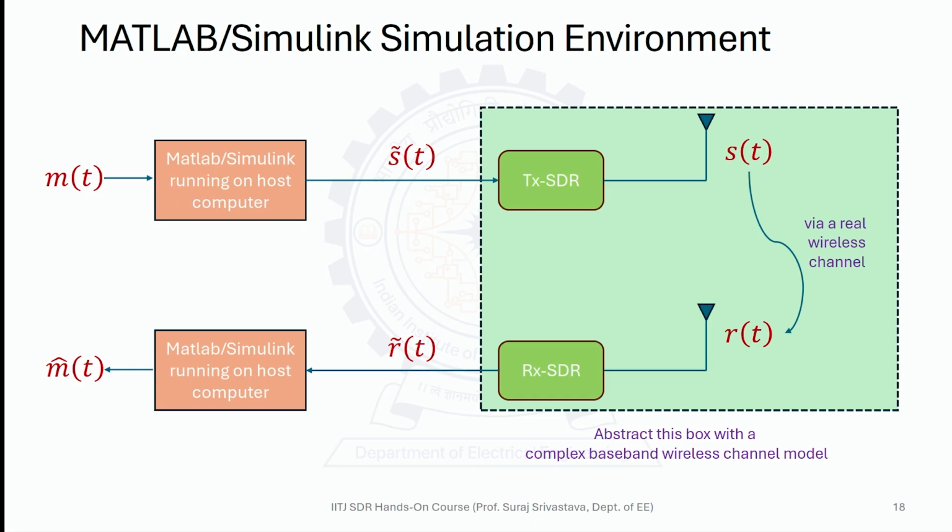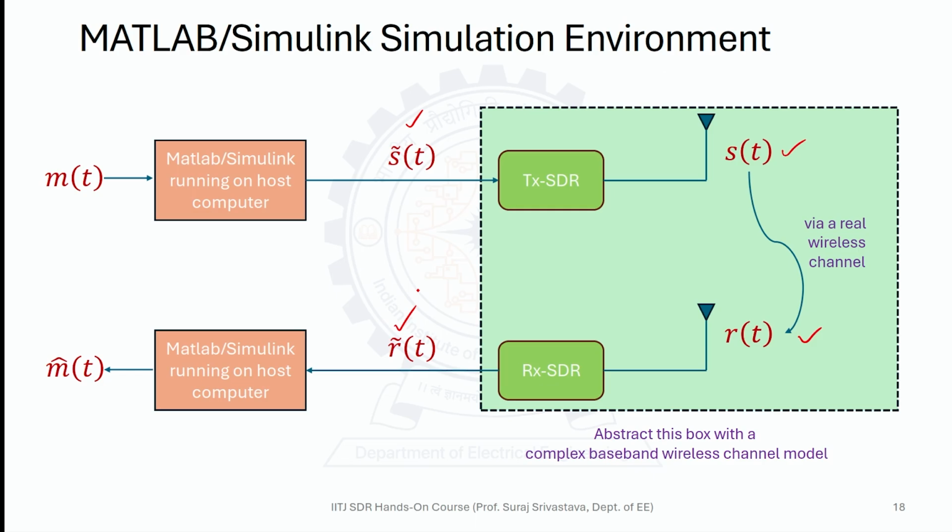If you look at the waveforms S(t) and r(t), r(t) is received from the wireless propagation environment, and S(t) is the transmitted waveform, which may be your amplitude modulation or frequency modulation. But if you look at the waveforms S tilde t and r tilde t, these are the complex waveforms.